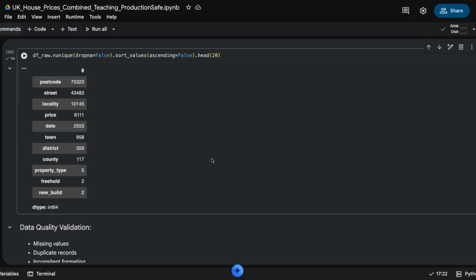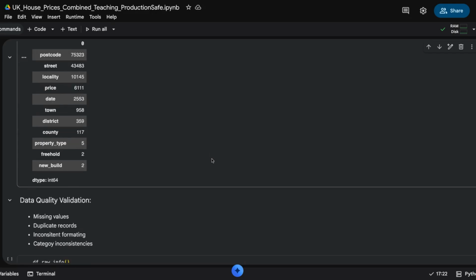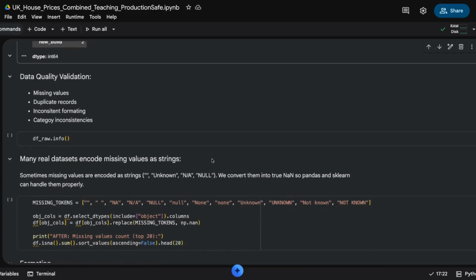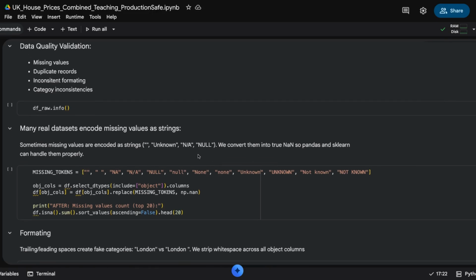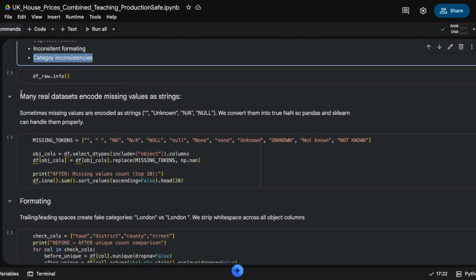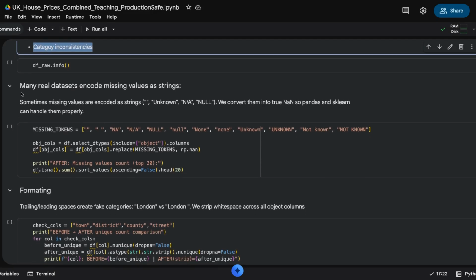So structurally, this dataset can be summarized as 90,000 observations, 11 columns, 1 continuous numerical variable, 10 categorical variables. Now that we understand the structure of the dataset, the next step is to validate its quality. We'll check for duplicates, hidden missing values, inconsistencies, because a clean structure is the foundation of reliable analysis.